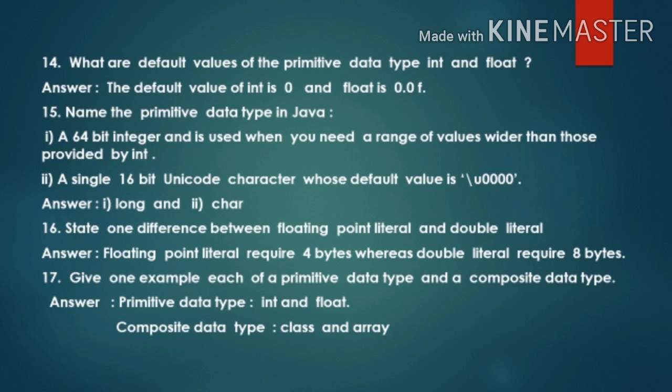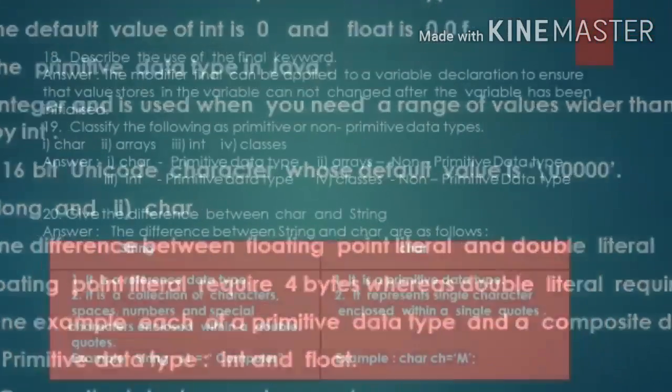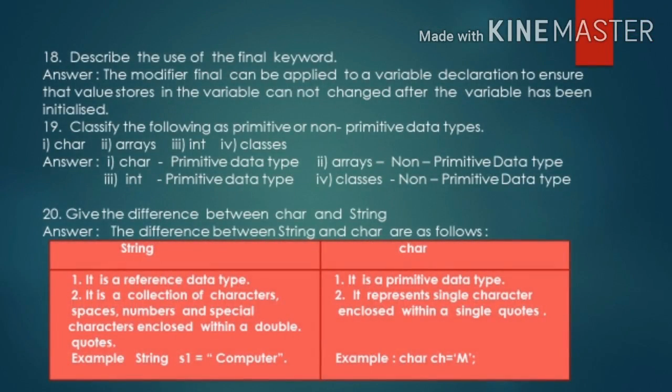Give one example each of a primitive data type and a composite data type. Answer. Primitive data type examples are int and float, and composite data type examples are class and array. The next slide contains the next part of questions and answers.